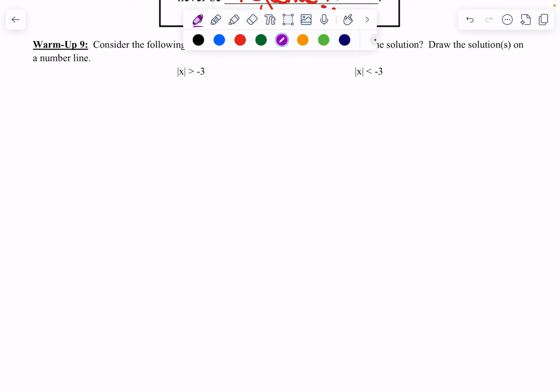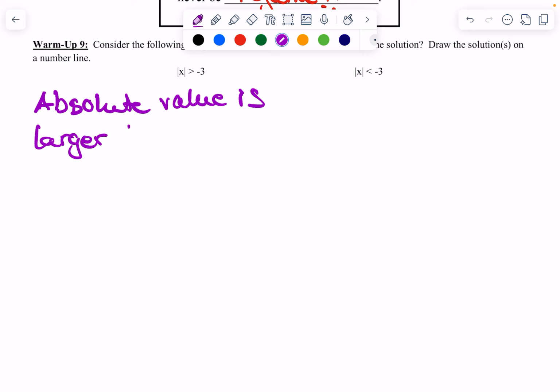So what this means is that absolute value is larger than a negative number.